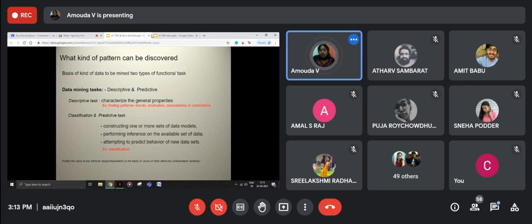What is descriptive and predictive? Data mining starts with this kind of task or function. First, you should understand what is descriptive and what is predictive. If I say descriptive, what is description? Tell me.